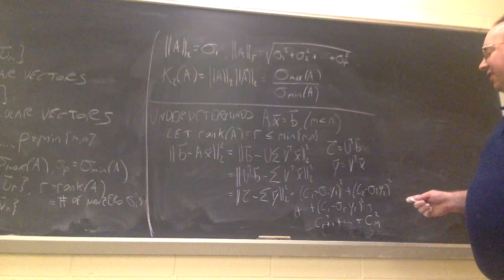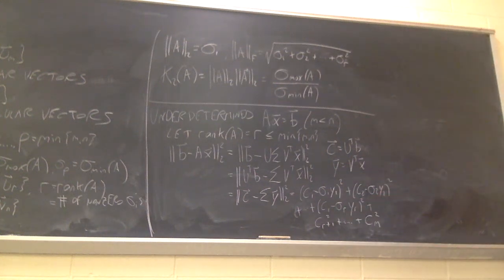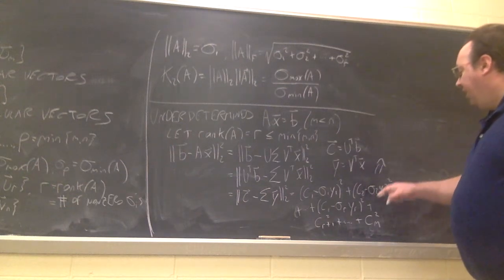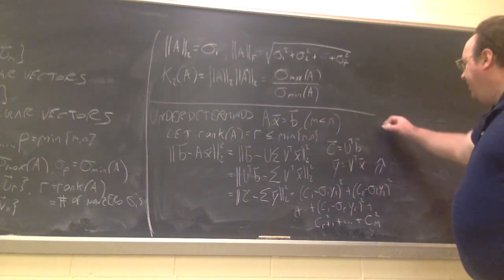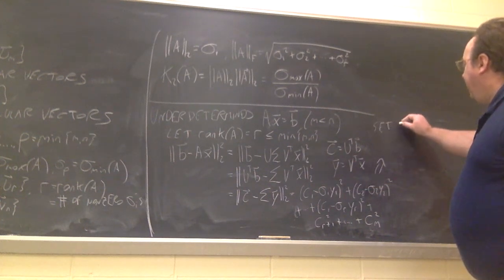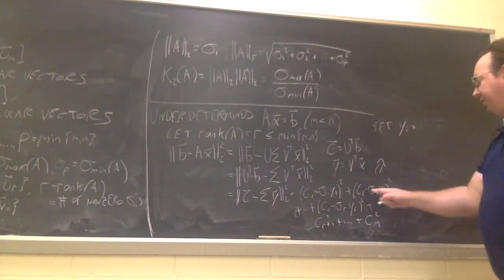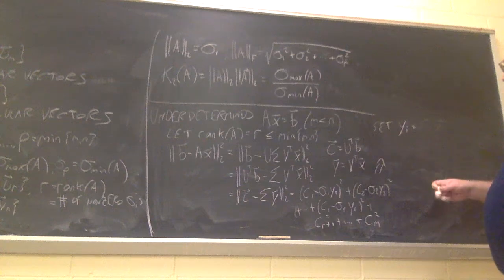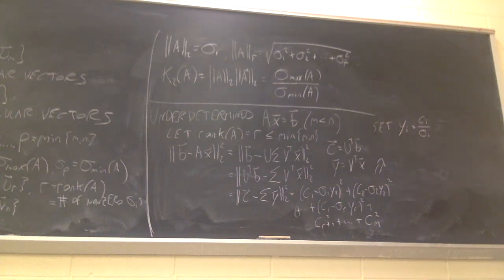The only way to minimize this is to make each of these terms in parentheses equal to 0, because the only unknowns I have are in y. So I can set each one of these equal to 0 and solve for yi. So it's going to be ci divided by sigma i. And those sigmas are all non-zero, so I can do that.